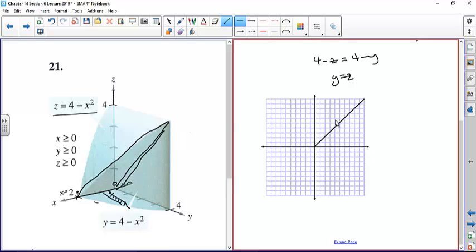So the actual region that we're talking about, there are two regions. There's one here, 1, 2, 3, 4, like that, and there's the second region like that.